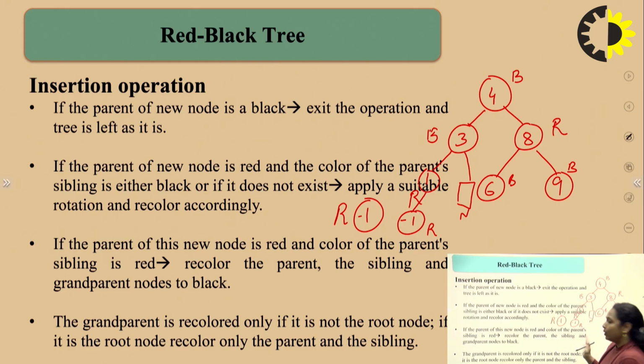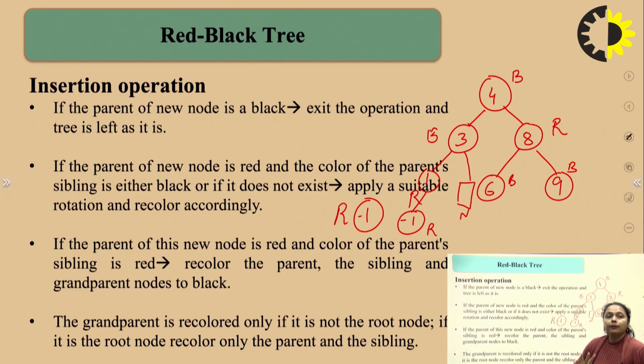In that particular case, again two sub cases will arise: the sibling of the parent is black or red. If the parent's sibling is black, rotations are required and recoloring is required. But if the parent's sibling is red in color, only recoloring is required. We will discuss all the cases with the help of an example in the next slide.